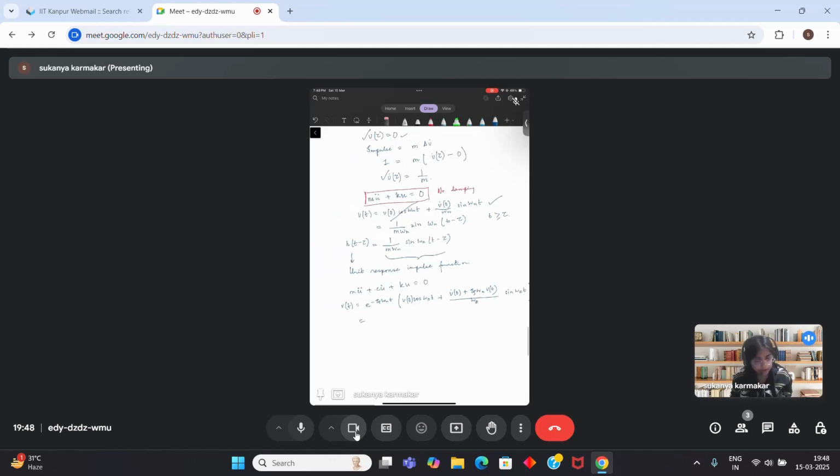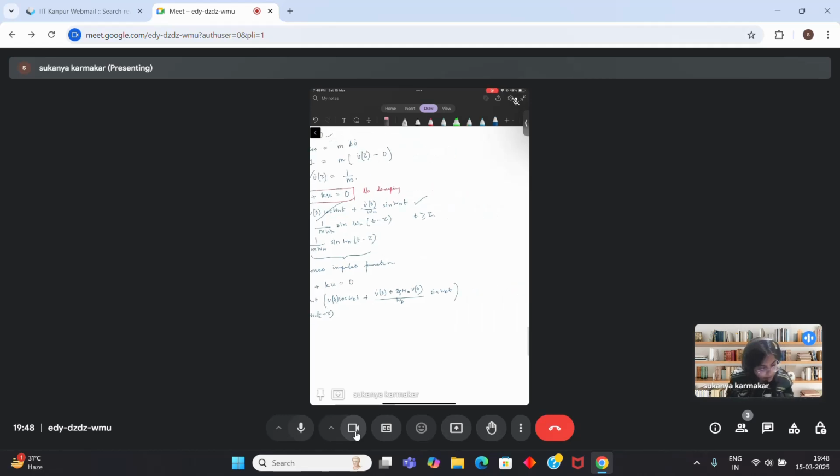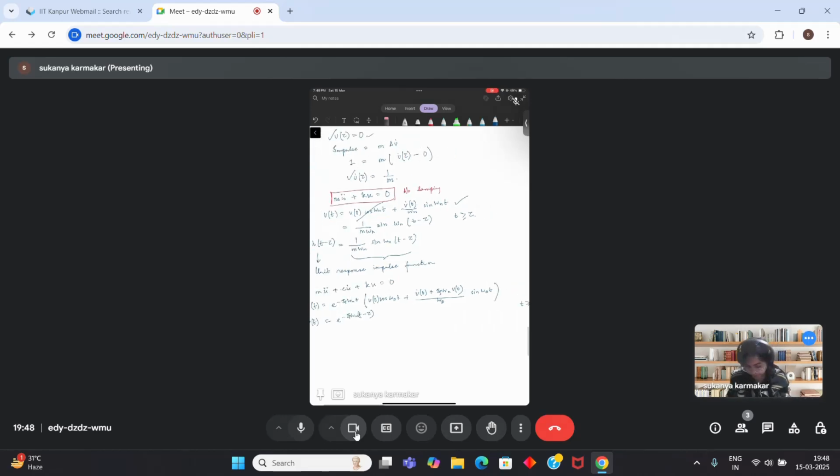Now again, if I substitute the initial conditions, e to the power minus zeta omega n t will be there. In place of t, you will have t minus tau, because this will exist only when t is greater than or equal to tau. Then u0 is 0, so it goes away.